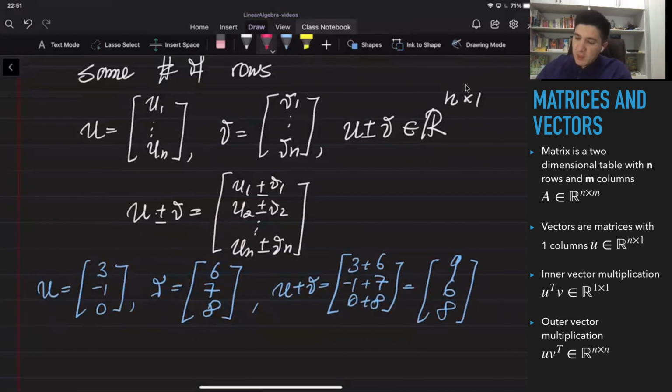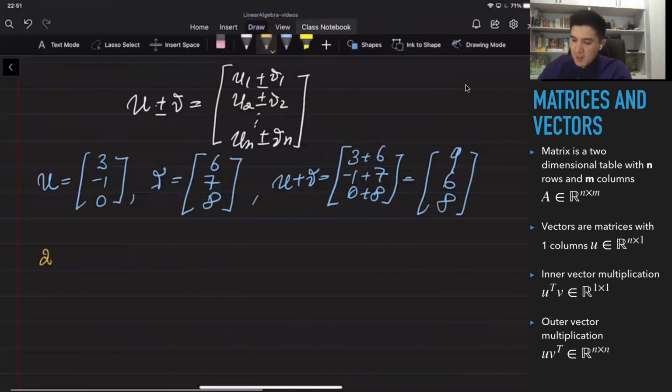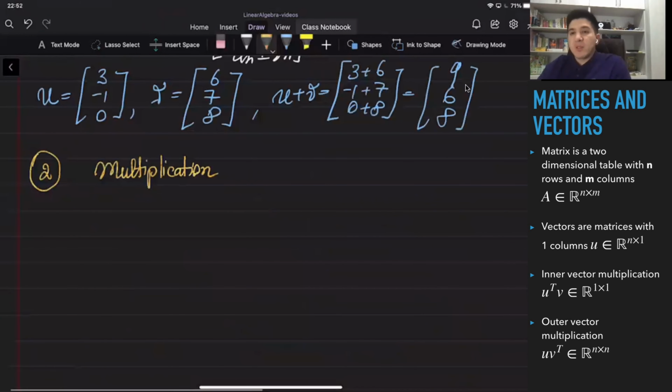The problem arises when we multiply these two vectors. So the second operation is multiplication. It appears that if u and v are two vectors with the same dimensions, I can't really multiply u by v.